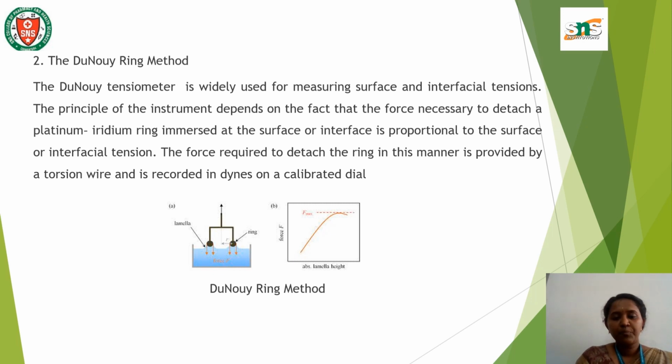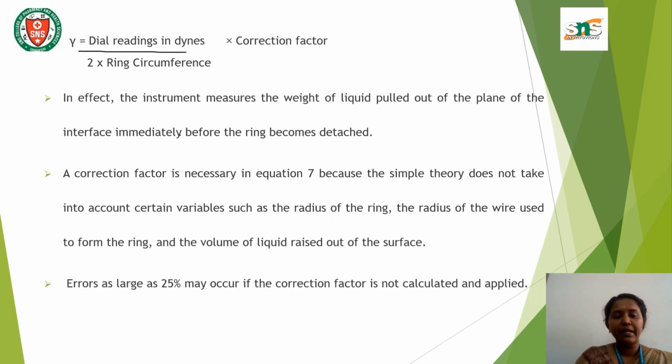This is the schematic diagram of the Du Nouy ring method. Gamma equal to dial reading in dynes divided by 2 into ring circumference into correction factor. In effect, the instrument measures the weight of liquid pulled up to the plane of the interface immediately before the ring becomes detached.